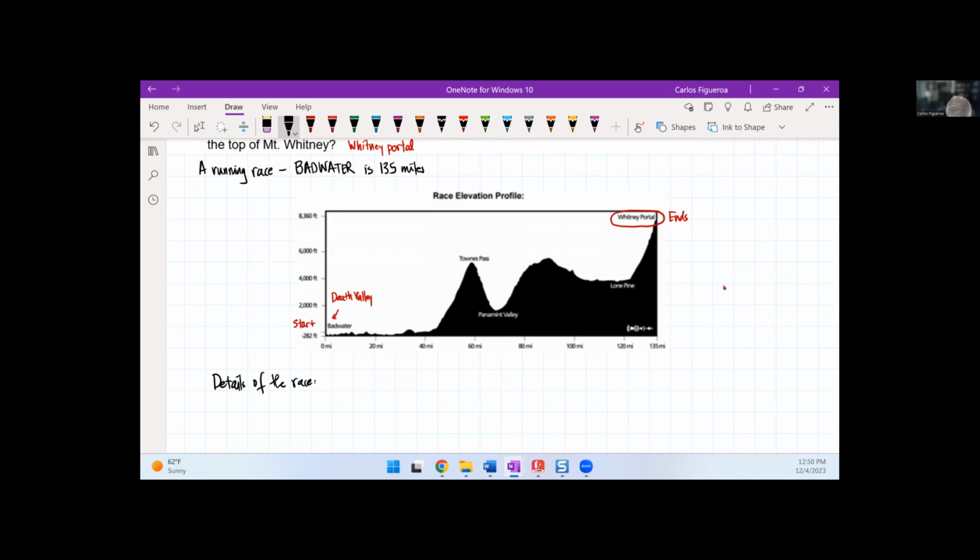It turns out that you have a horizontal distance of 135 miles.